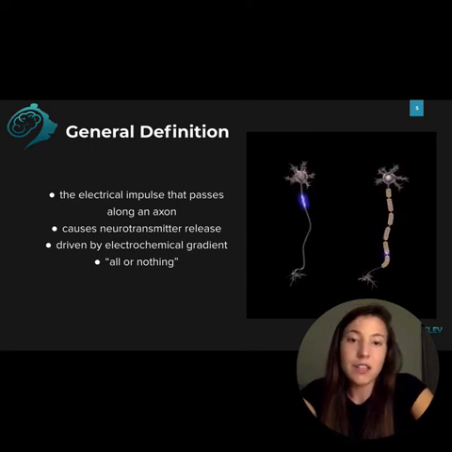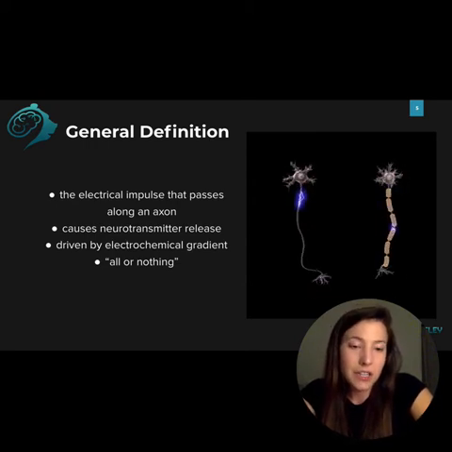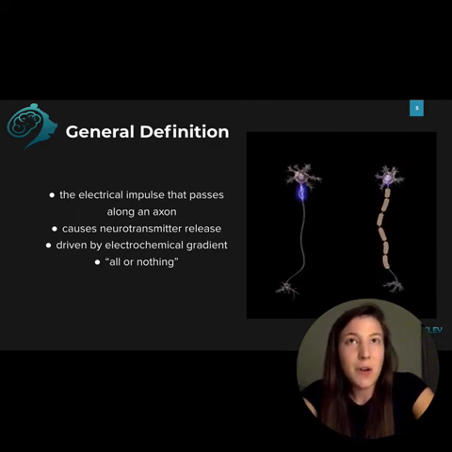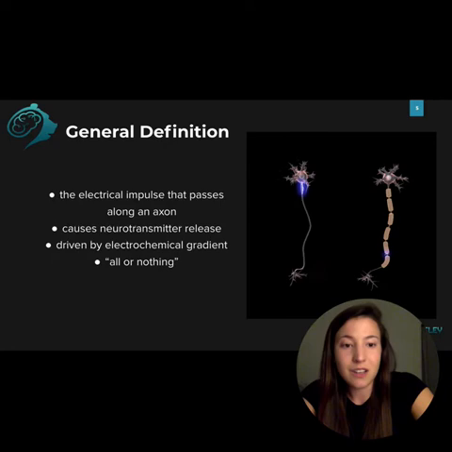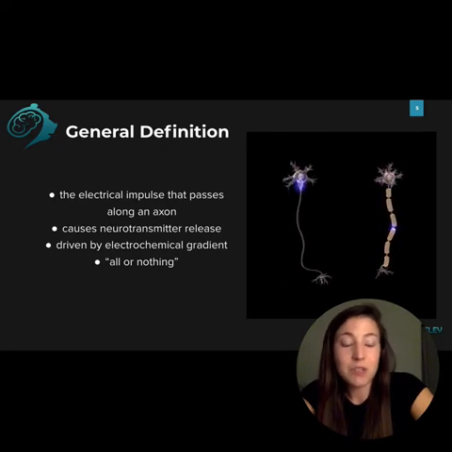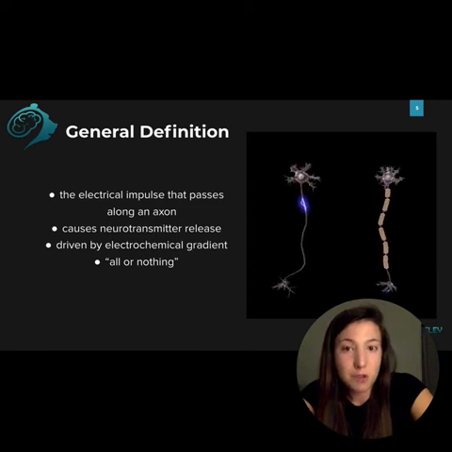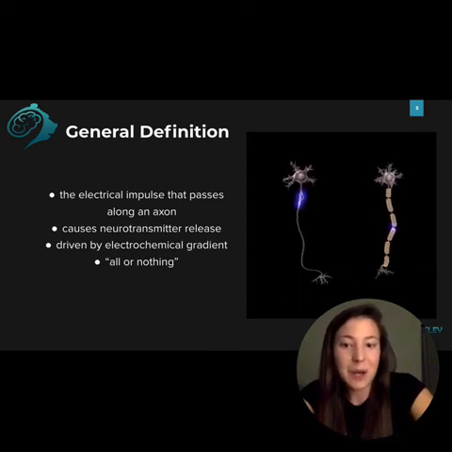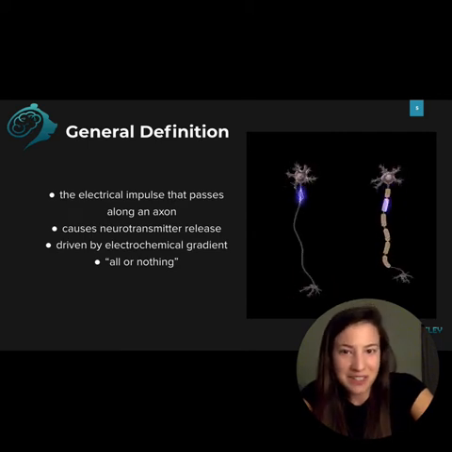That's not to say that there are not any unmyelinated axons in the brain, because there are. But if a neuron that is supposed to be myelinated is unmyelinated, then the action potential is conducted much more slowly, which can cause miscommunication, which is what happens in some neurodegenerative diseases. But back to just the basic action potential.